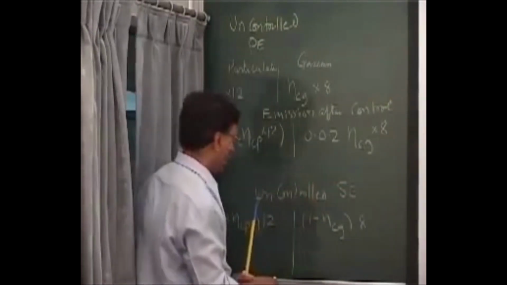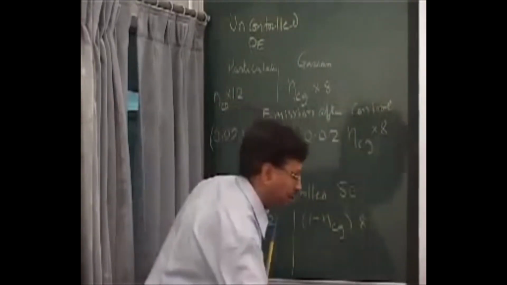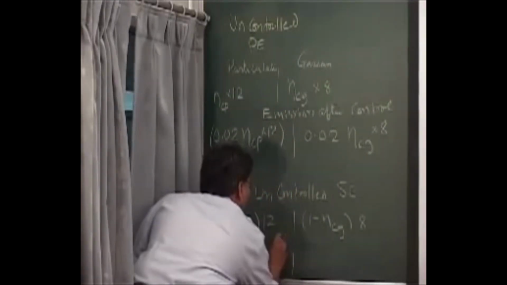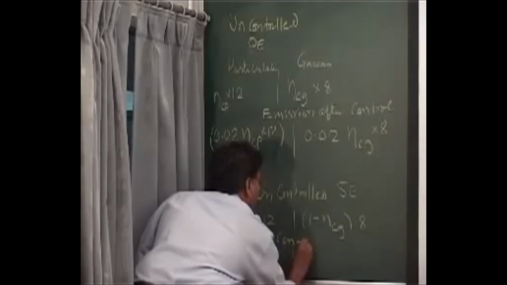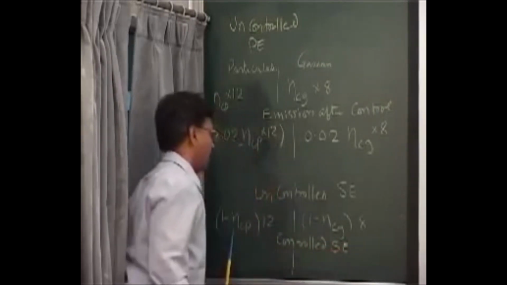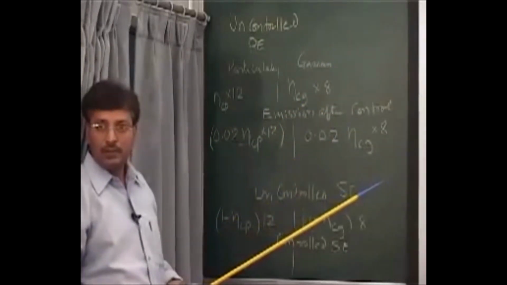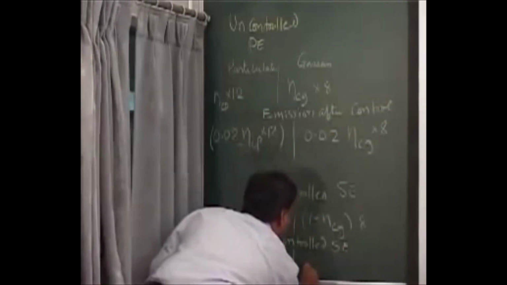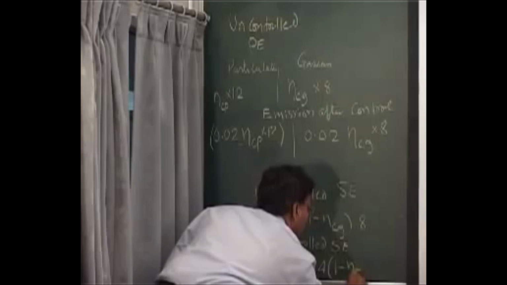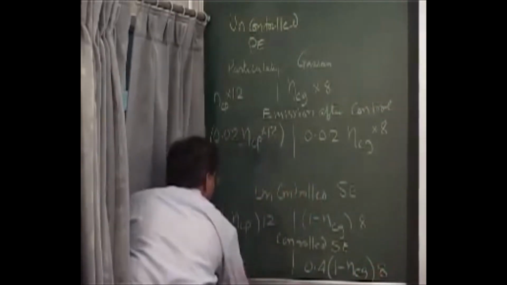So now what I am trying to do underneath this one is controlled emission, controlled secondary emissions. So if 60% is removed, how much would go out? 40%. So I say 0.4 times 8, and here also it is same.